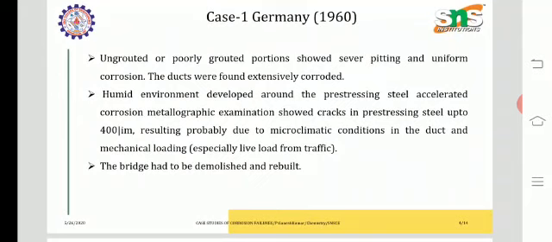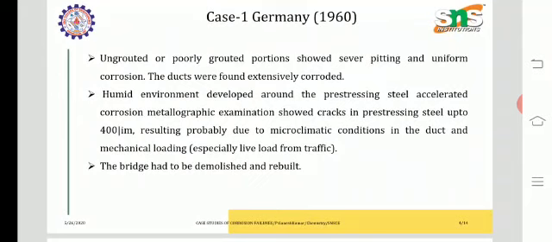It was extensively corroded, aggravated by the humid environment developed around the pre-stressing steel. Accelerated corrosion metallographic examination shows cracks in the pre-stressing steel up to 400 millimeter, resulting probably from microclimatic conditions.